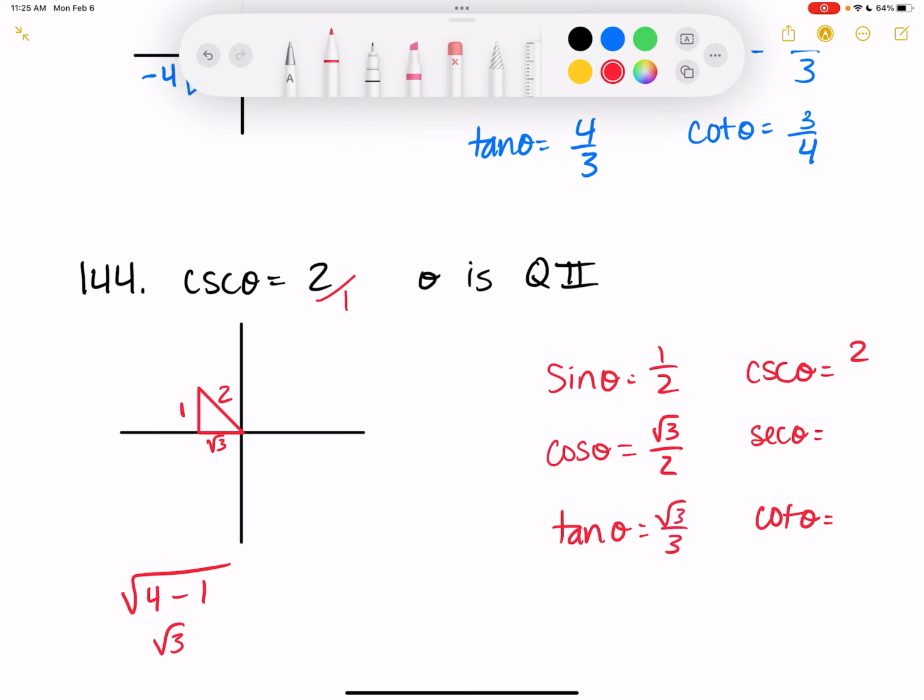Yeah, because it's opposite, so 1 over the square root of 3, which turns into that. So this was really 1 over the square root of 3. Cosecant was given to us. Secant: 2 square root of 3 over 3. And cotangent: square root of 3. Beautiful.